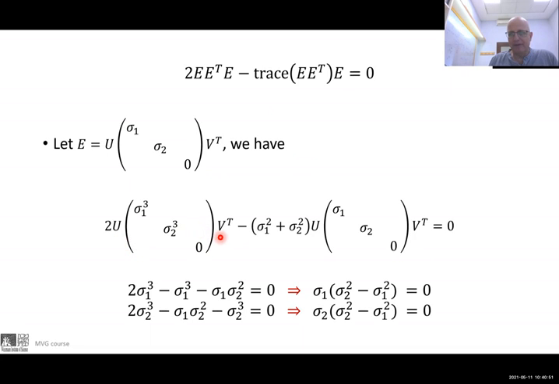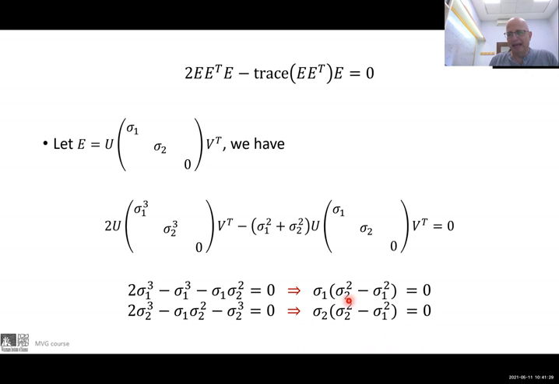Now, U and V can be eliminated here. And essentially you get 2 equations. The third one here is 0. So the equations on the diagonal, you can see them here. These are cubic equations, which can be simplified. So you get sigma 1 times sigma 2 squared minus sigma 1 squared equals 0, and sigma 2 times this difference equals 0.